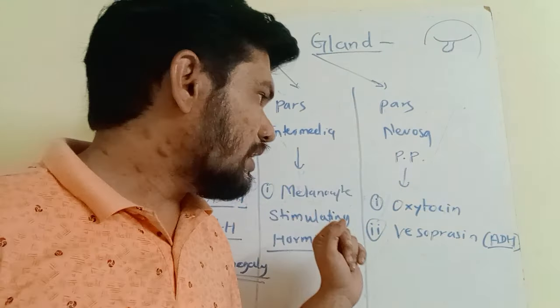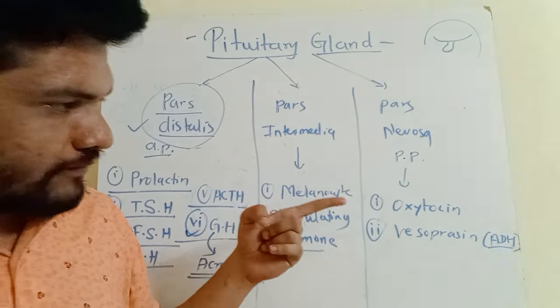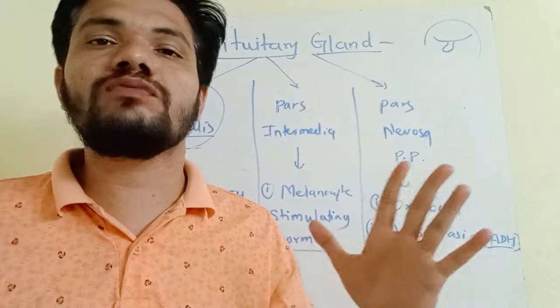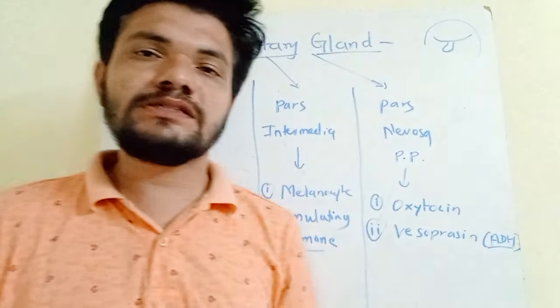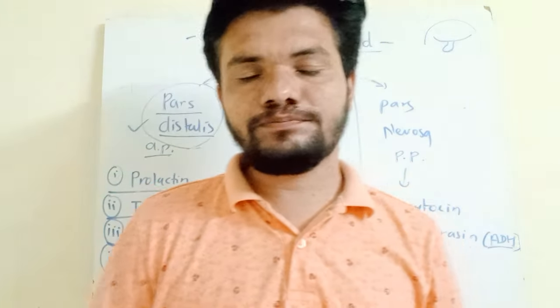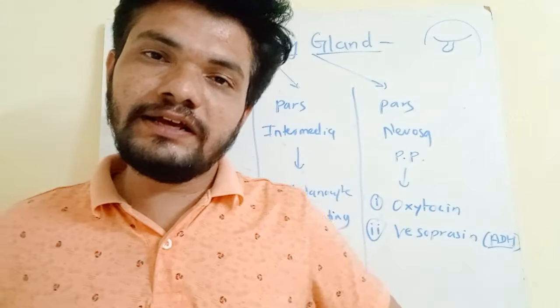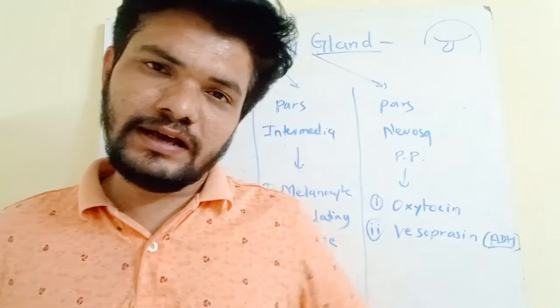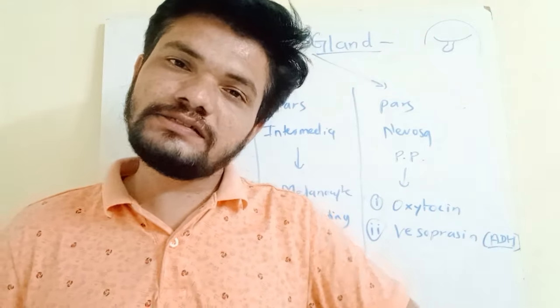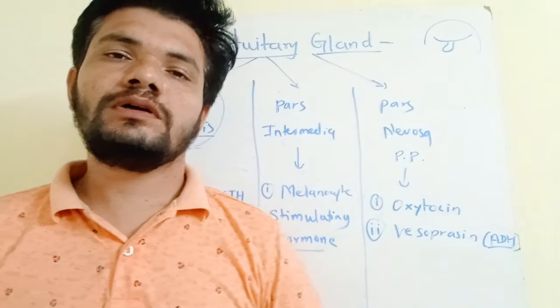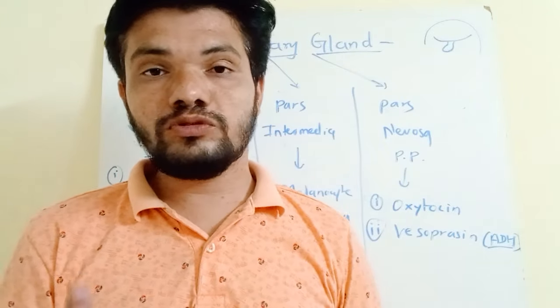The pars nervosa secretes two hormones, oxytocin and vasopressin. Oxytocin is responsible for the contraction of smooth muscles of your body. In females, whenever they are pregnant, after the 9 months, during delivery, the middle layer of the uterus is made up of smooth muscles.